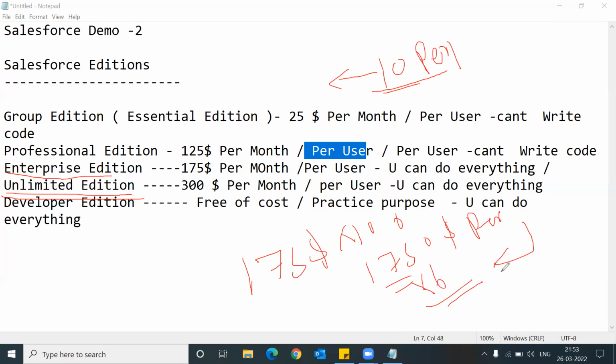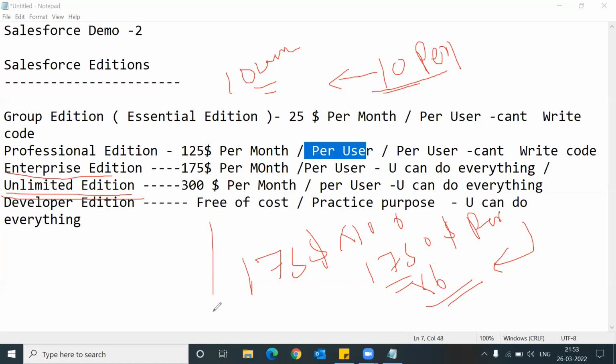After that, you need to hire the people. Salesforce people are very costly. As we know, the salary is very high for Salesforce developers and administrators. So you can think, my budget is only 10 lakh rupees if I'm in India, and if all the money goes into Salesforce, this is not good for my business, right?